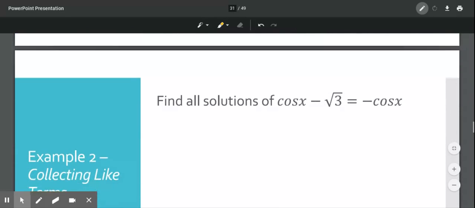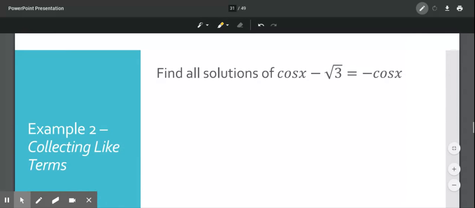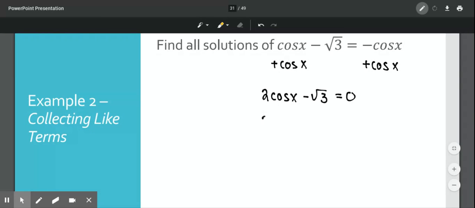If we look at this next example, if you notice you have cosines on both sides, so sometimes it might help to try to get all of your functions to one side. So if we add cosine of x to both sides, we get 2 cosine x minus root 3 equals 0. And so now let's try to isolate that function.